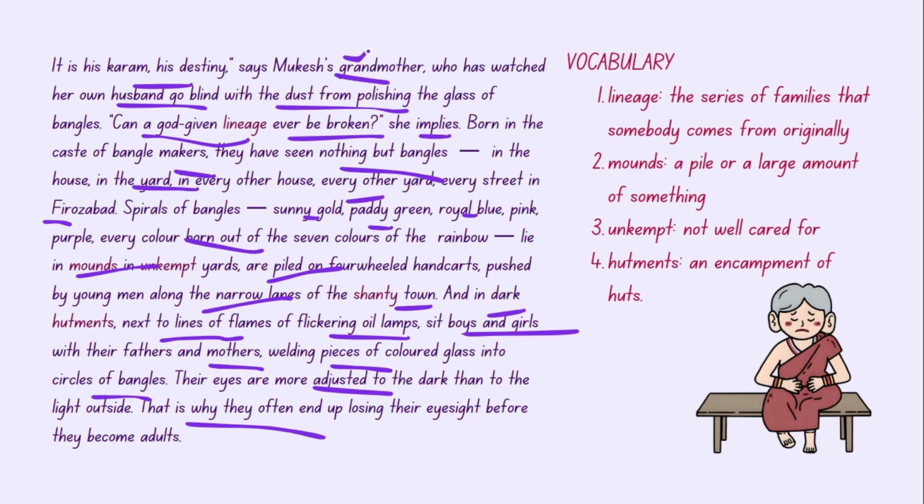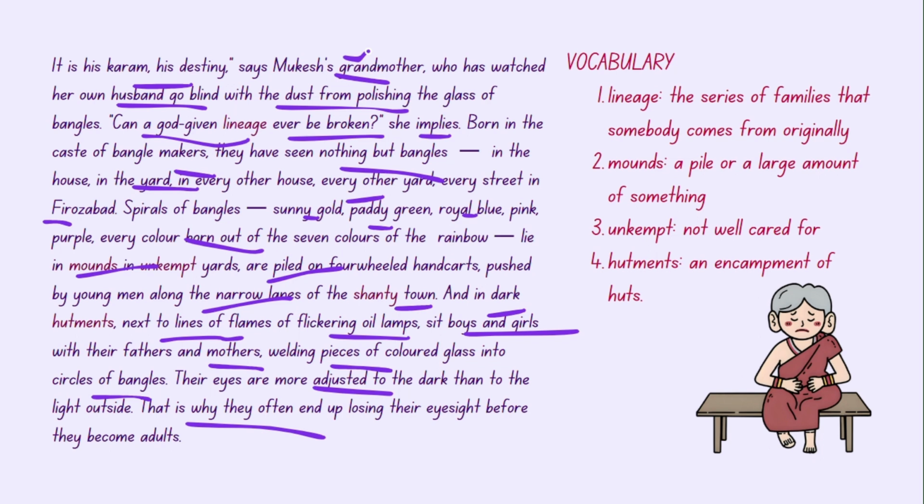Now, this is not only the state of their family, it is the state of every single family on every single street in Firozabad. In every yard, you will see, if you visit Firozabad, in every household, you will see that there are spirals of bangles of different colors, of as many colors as can be made out of the seven colors of the rainbow.